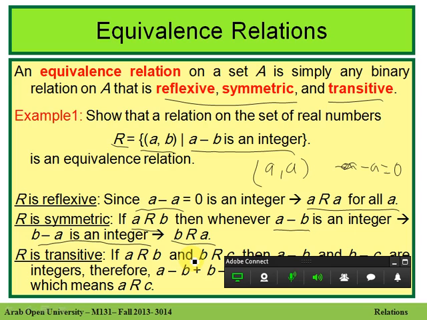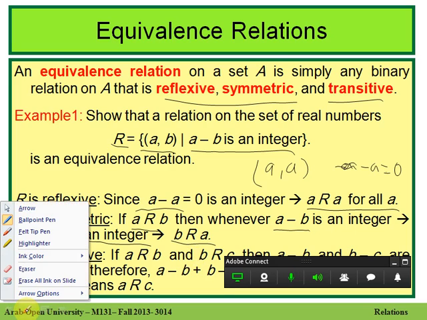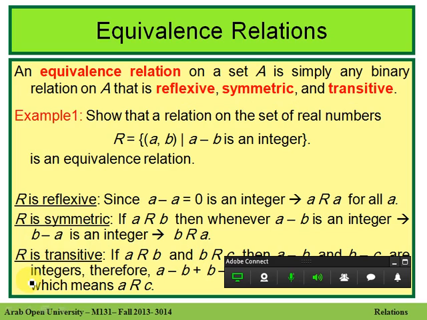Now let us consider an example over here. Show that a relation on the set of real numbers R, such that (a, b) where a minus b is an integer.